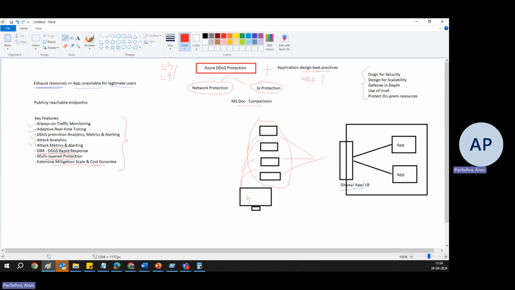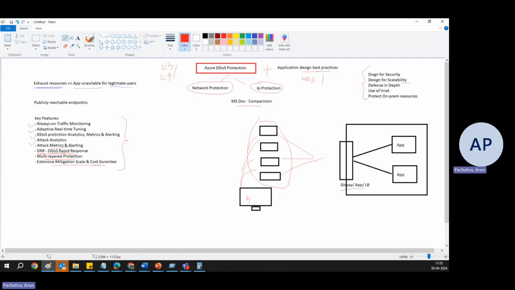You should design for security. Incorporate security throughout the application lifecycle from design through operations. Know your application's architecture, typically traffic volumes, connectivity models, and exposed service endpoints. Ensure applications can handle unexpected or malicious loads without service disruptions, hence the scalability.